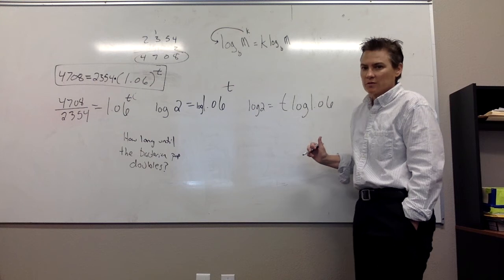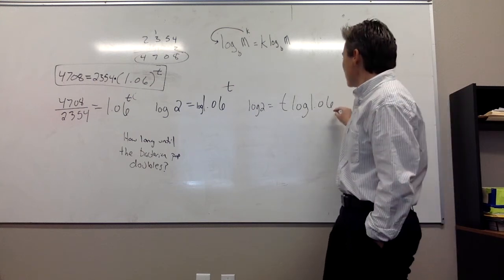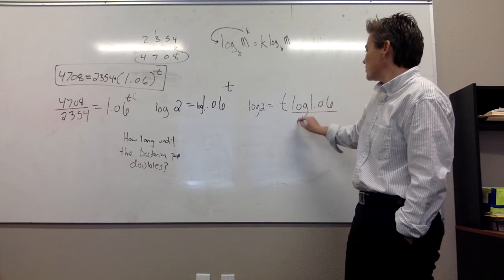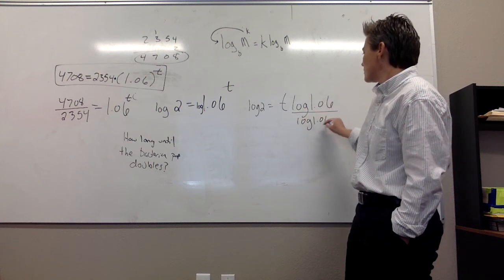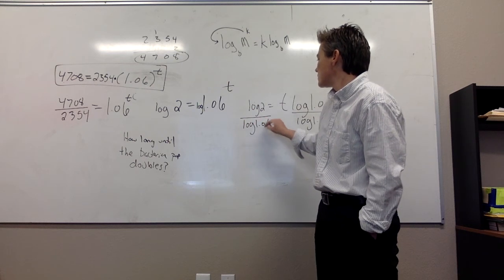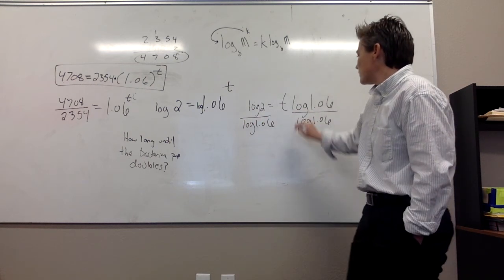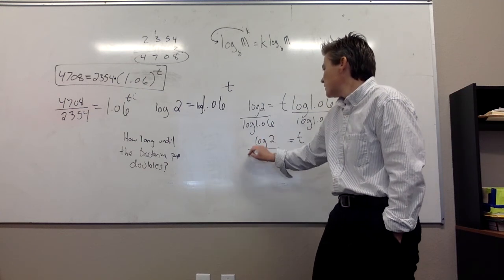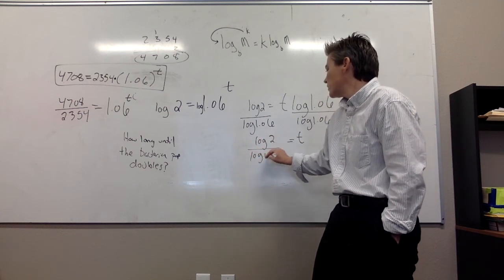We are so close to solving for t at this point. Now we divide both sides by the log of 1.06, and so t is equal to log of 2 divided by log of 1.06.